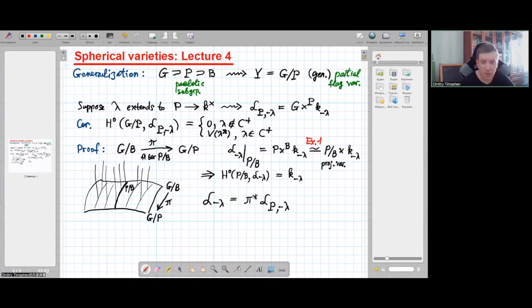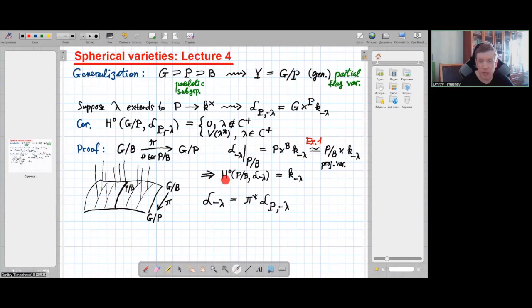This means that you take fibers of the line bundle on the base, on G mod P, and pull them back to inverse images of points on G mod P. So if you have a fiber on which P acts as minus lambda on some point of G mod P, say on this point, then you just pull back this fiber to every point in the preimage, in the inverse image in this fiber P over B. And the same holds for any fiber. So this is obvious from construction.